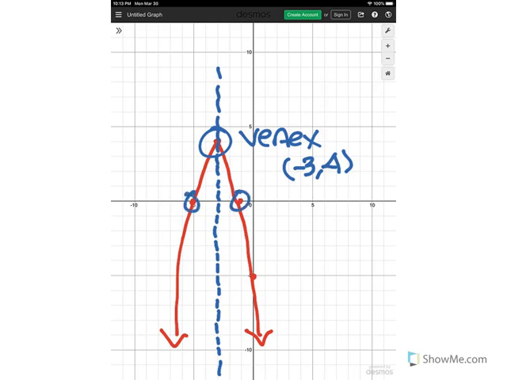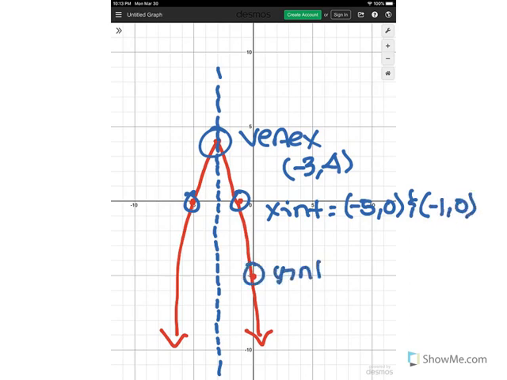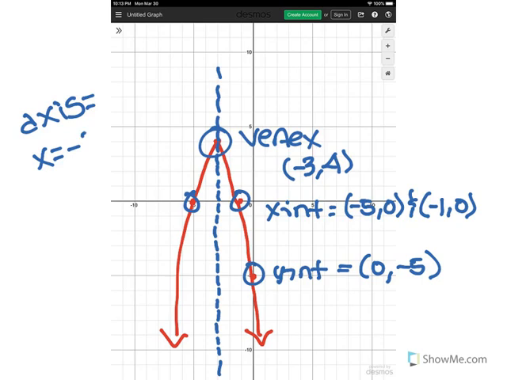Our x-intercepts, they're at -5, 0, and -1, 0. That's our y-intercept. It's at 0, -5. We know that our axis of symmetry, that equation is going to be x equals -3.